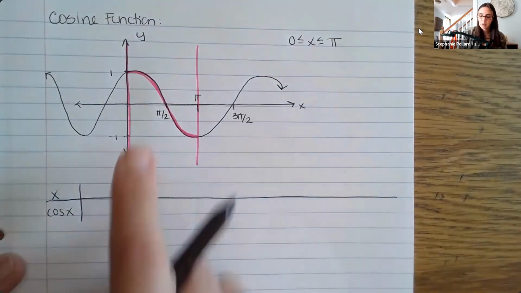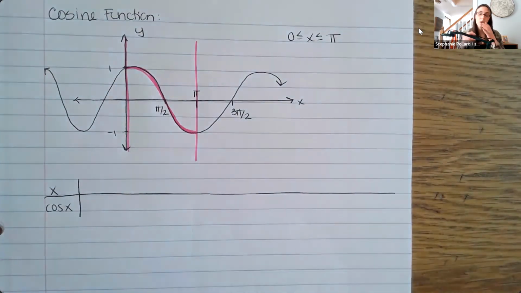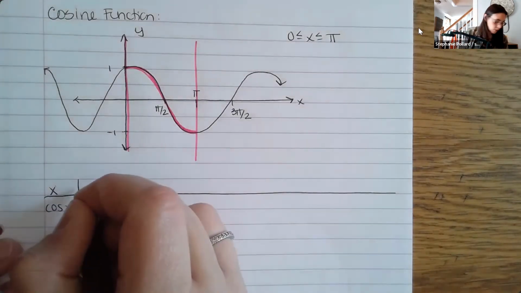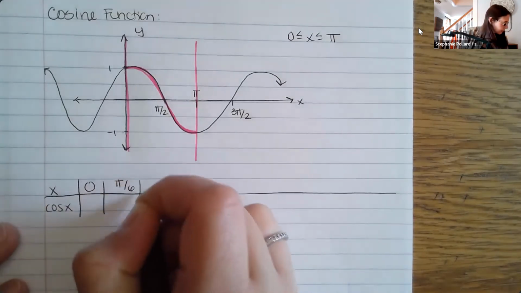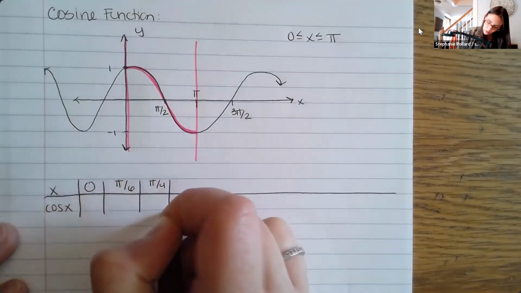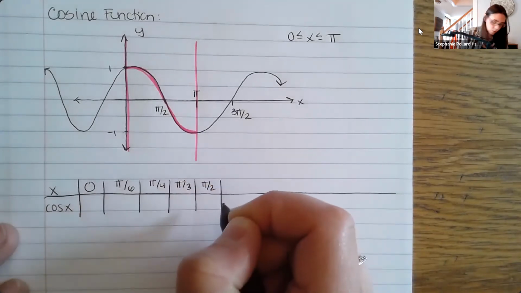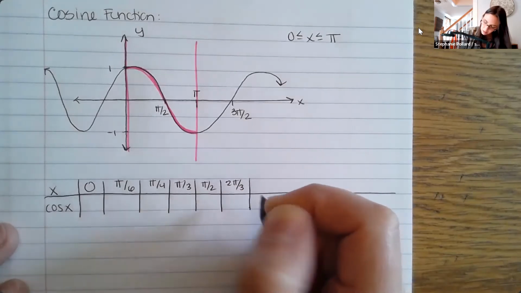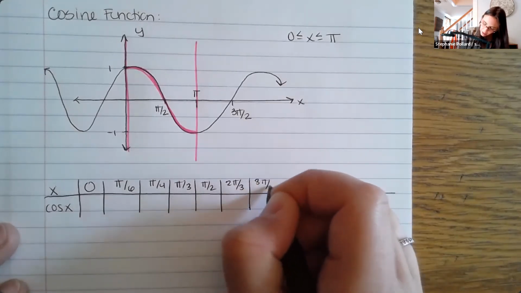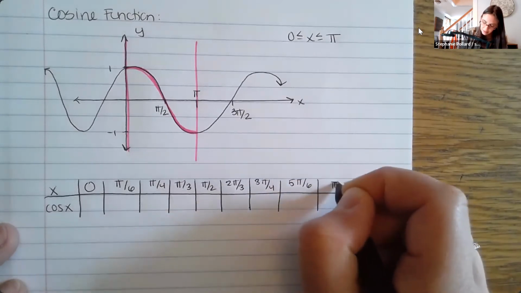Now, because I'm restricting my domain from 0 to pi, I'm going to make a table of values that we already know, but I'm going to focus just on 0 to pi because that's going to be our restriction here. So I'm going to have 0, pi over 6, pi over 4, pi over 3, pi over 2, 2 pi over 3, 3 pi over 4, 5 pi over 6, and then we'll end at pi.